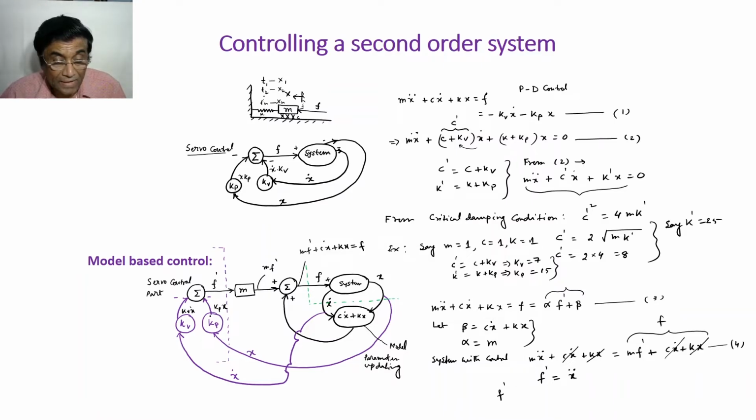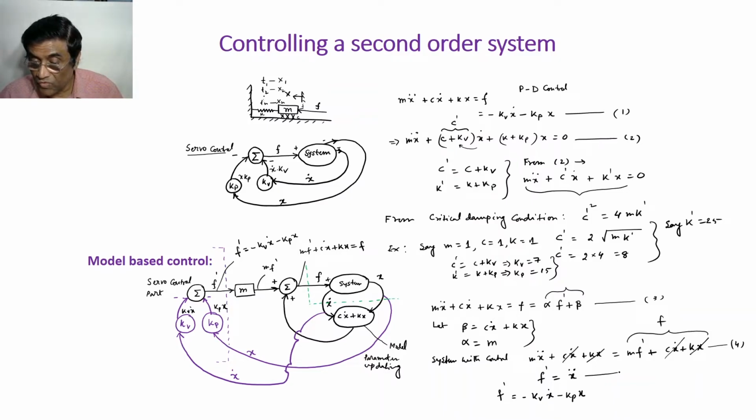And you see here, same x dot, and then what you are getting over here as input signals is minus kv x dot minus kp x. So this thing I am controlling, and if I plug it into equation 5, what does it become?